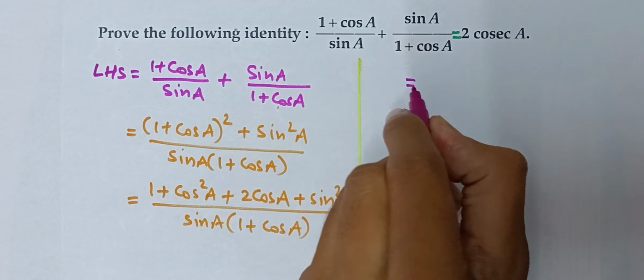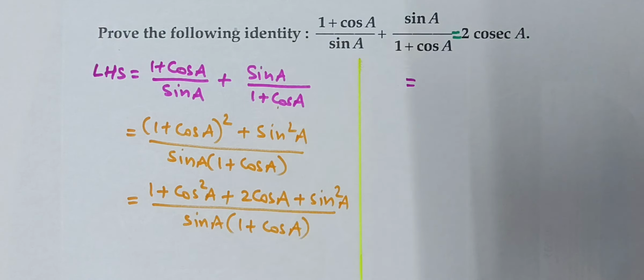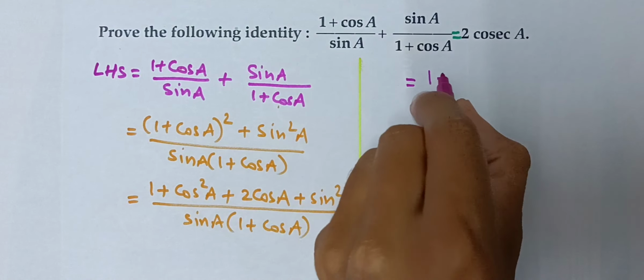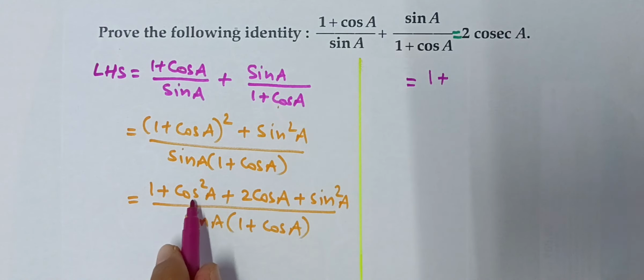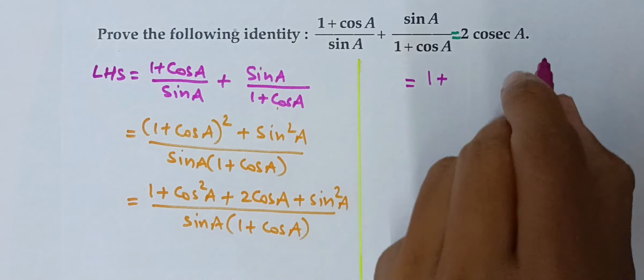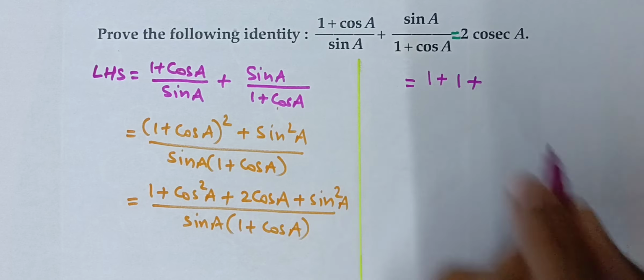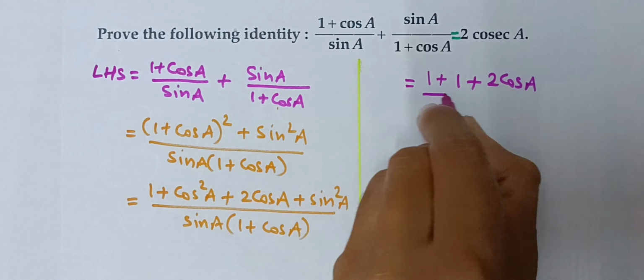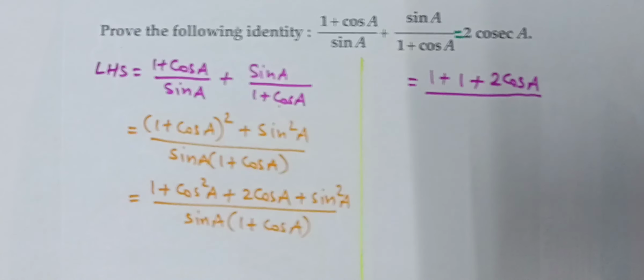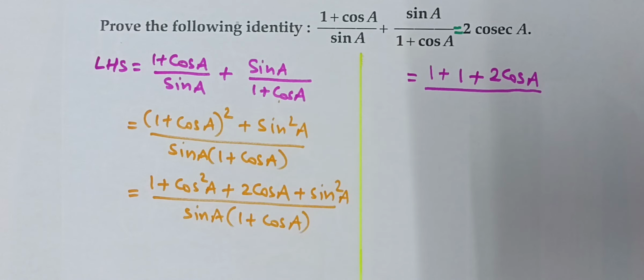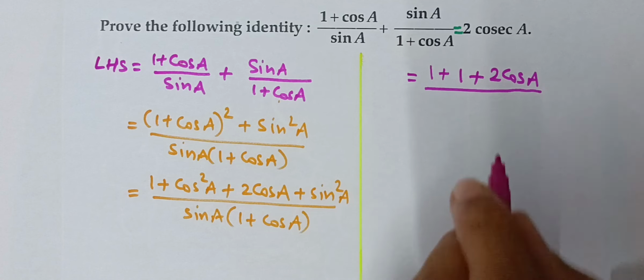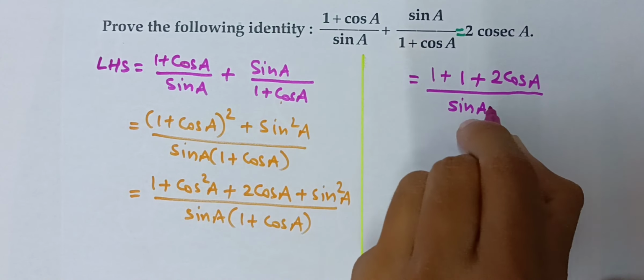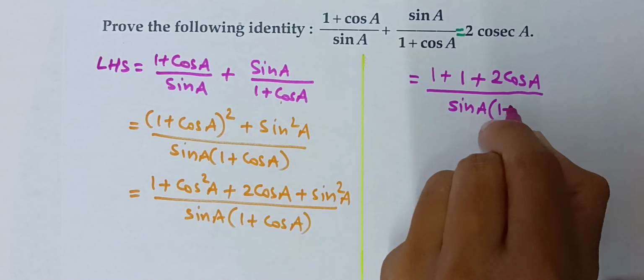So observe in the next column: 1 we write as it is, after that cos square theta + sin square theta, that is 1, plus 2 cos A as it is. In the denominator, write as it is, sin A (1 + cos A).